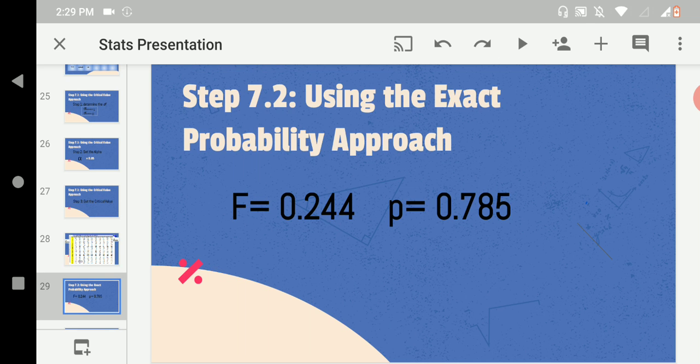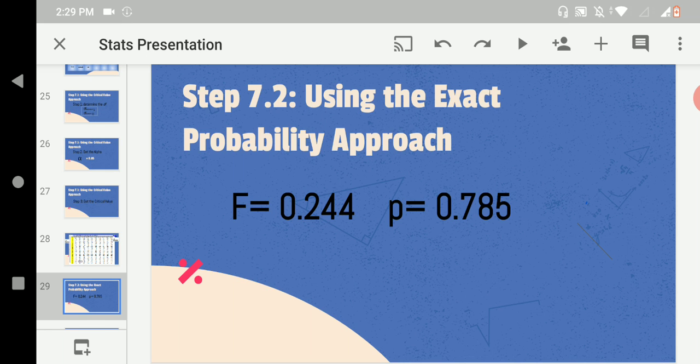Next, using the exact probability approach. In the exact probability approach, I did not give you the calculations using a calculator, because Turner gave the command in the R program. However, we're not using the R program because our teacher suggested us to use SPSS.